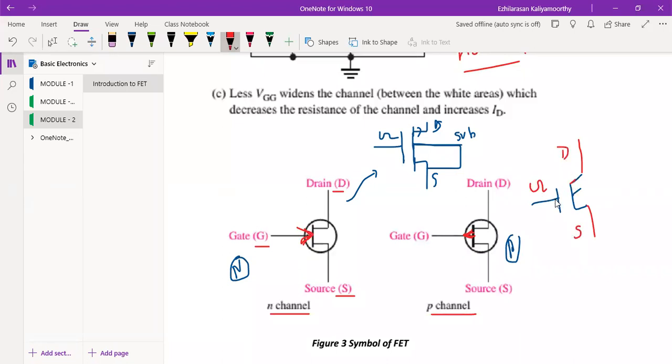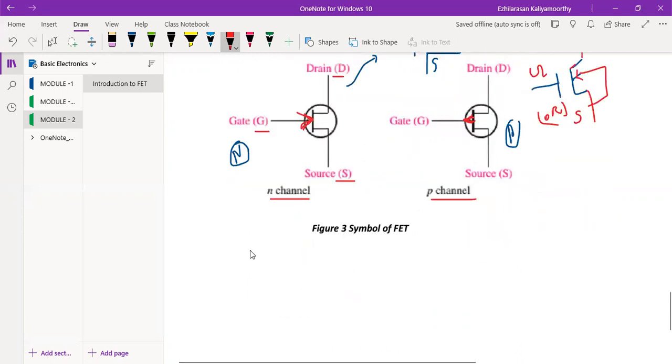You have to show the arrow mark, so you can take the arrow mark here. The substrate is pointed to the source. This is another symbol of the depletion channel JFET.